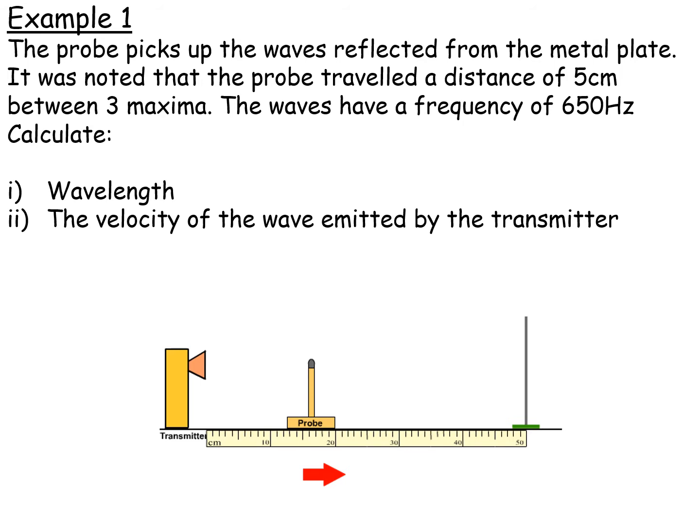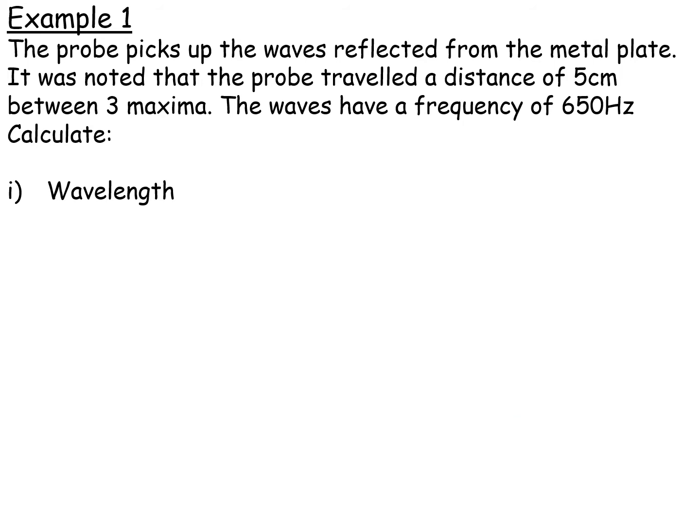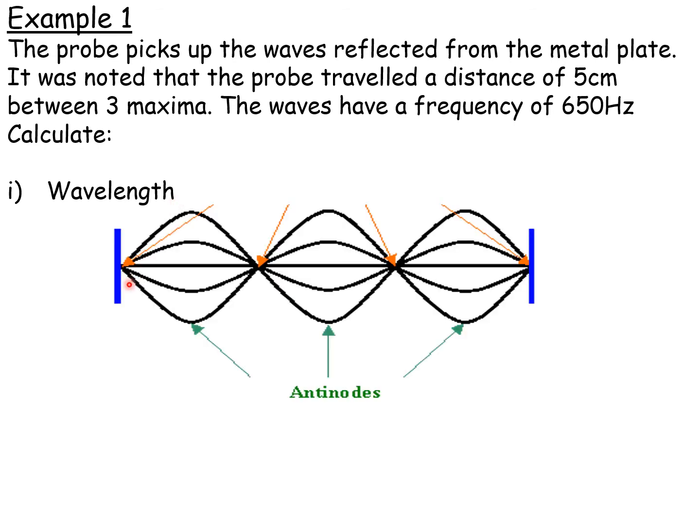So how do we calculate the wavelength of this wave? First of all, we note that a distance of 5 centimetres was travelled between three maxima. If we draw our diagram, three maxima means there must be three antinodes, so we draw a wave like this.